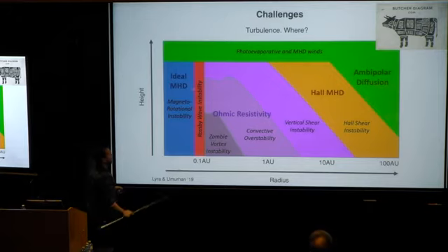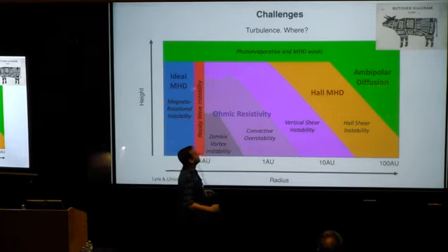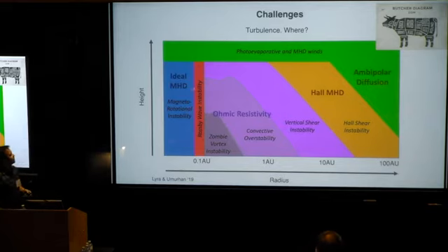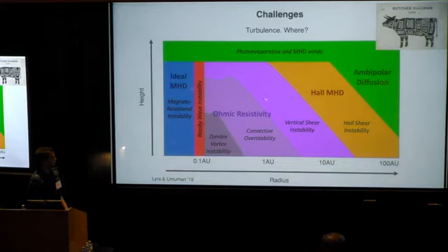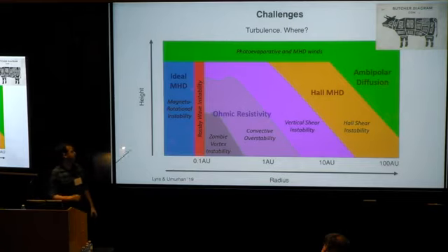So this is a diagram of where the instabilities are in disks. We like to call this a butcher diagram, as you can see there, plotting which part of the disk they are in. We don't know how the streaming instability will play out with every single one of these processes.